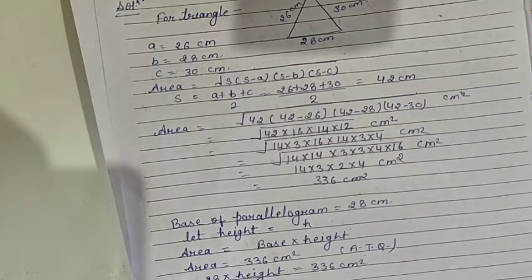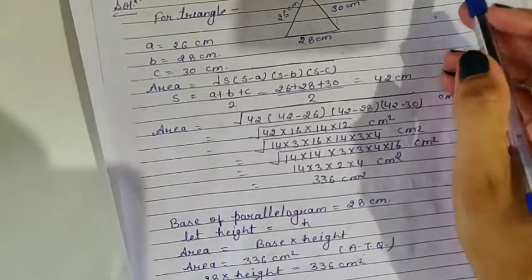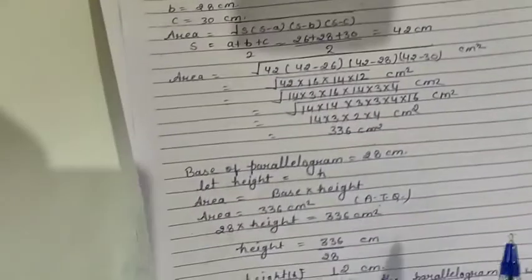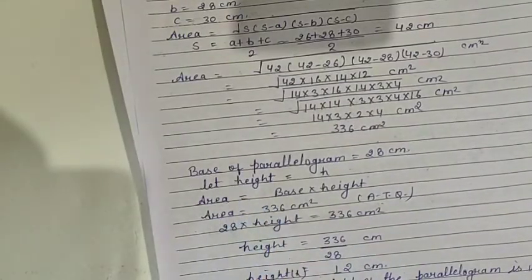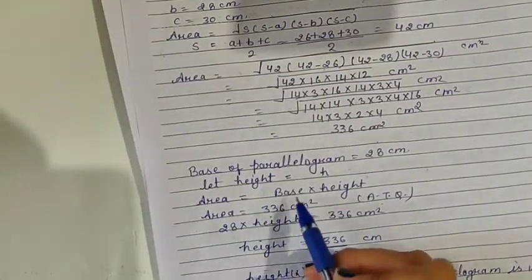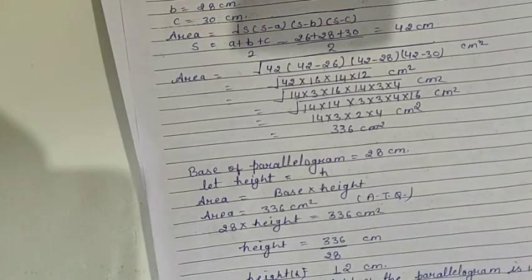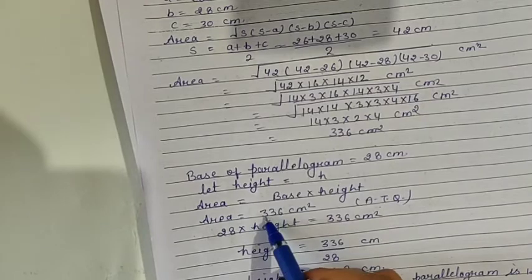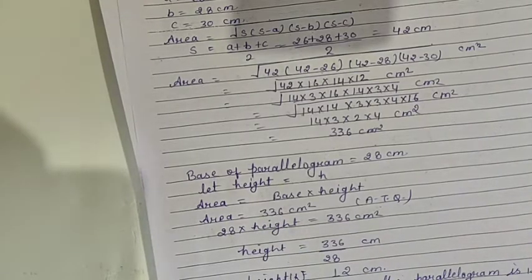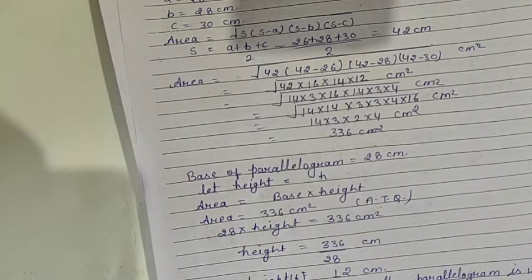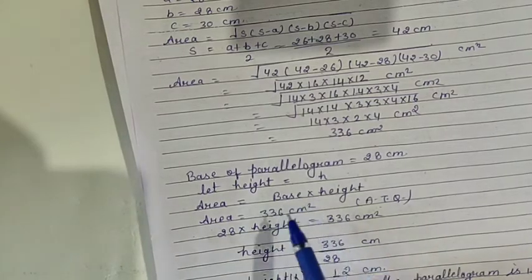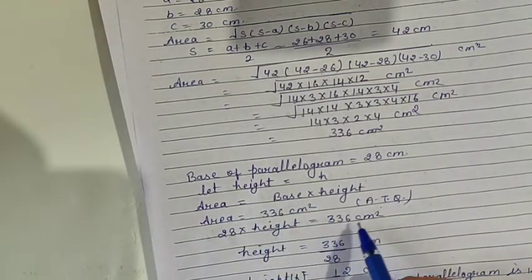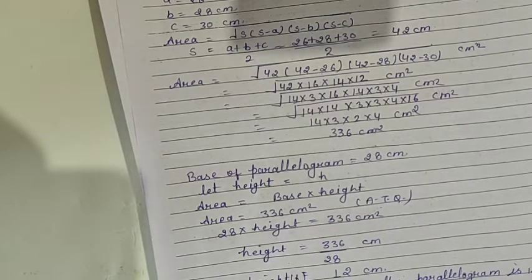And we know that base of a parallelogram is equal to 28 centimeter. This is given in the question. And let height equal h. So area of parallelogram equals base into height, and area is equal to area of triangle, and that is equal to 336 centimeter square. According to the question, this is given. So base into height, base is 28 centimeter into height, that is equal to 336 centimeter square.